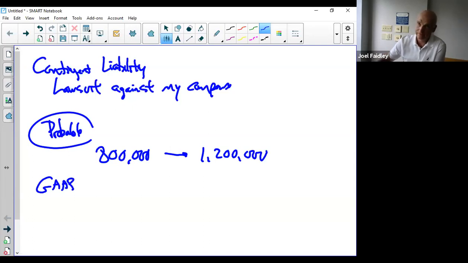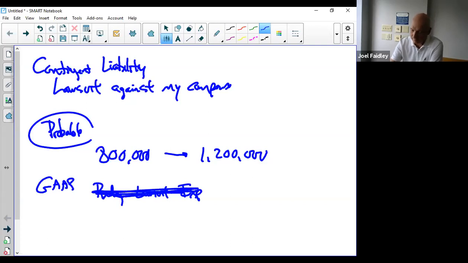This is kind of an unusual answer based on the conservatism principle, but what does GAAP say? What should I book as pending lawsuit expense, or pending potential loss? Maybe that's a better term. Call it loss.